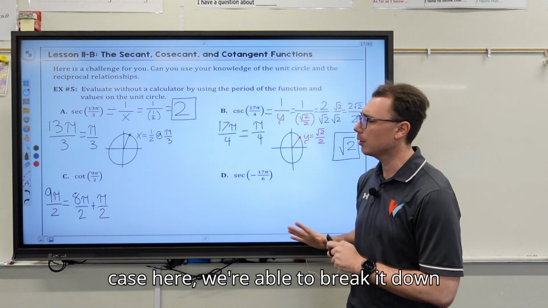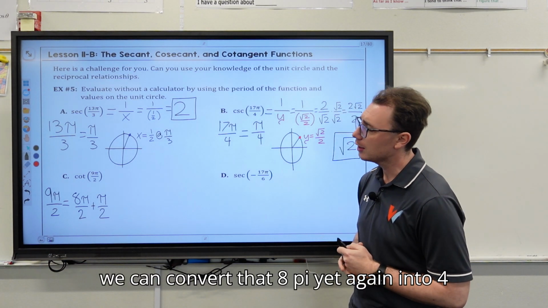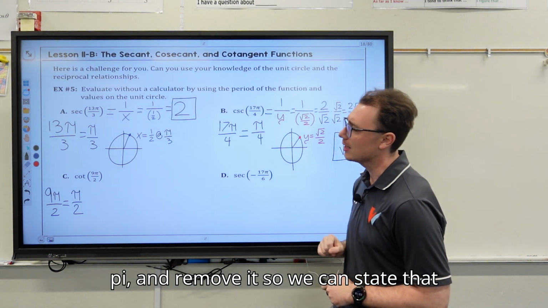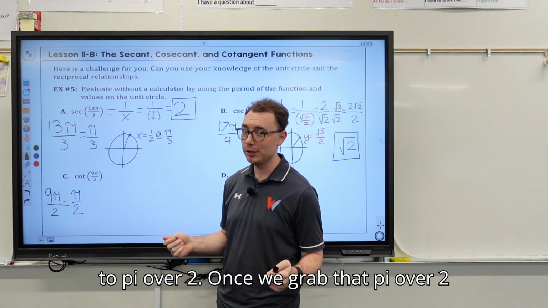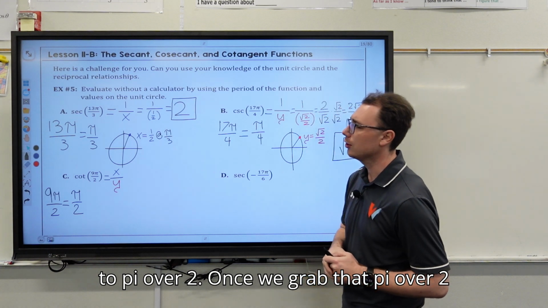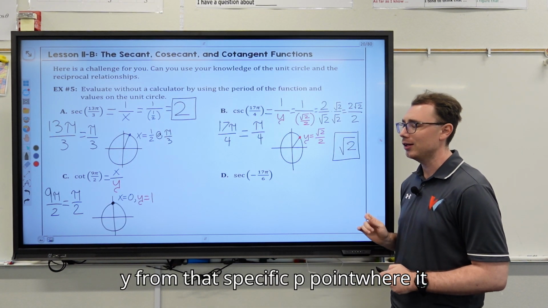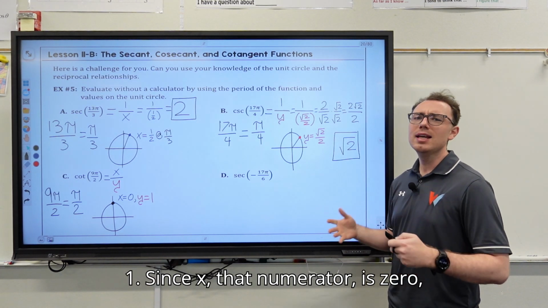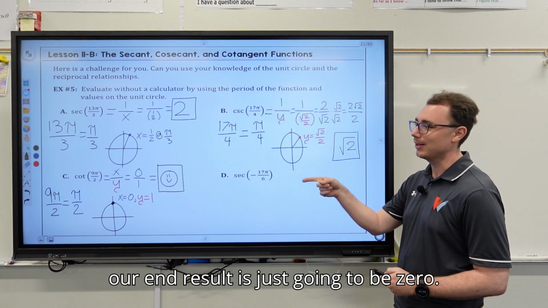In this case, we're able to break it down into 8 pi over 2 plus pi, and we can convert that 8 pi over 2 into 4 pi and remove it, so we can state that 9 pi over 2 is equivalent to pi over 2. Once we grab that pi over 2 value, we want to find the x and y from that specific point, where x is 0 and y is 1. Since x, the numerator, is 0, our end result is just going to be 0.